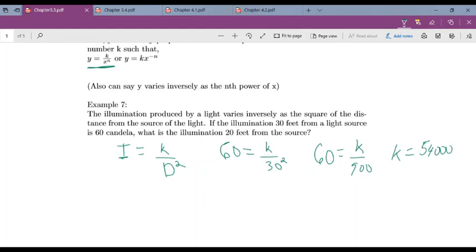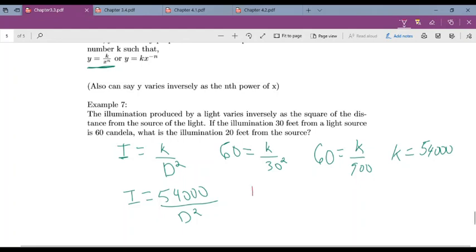Okay, so what I'm looking at here is I equals 54,000 over d squared. I changed colors here so that I can figure out what is the illumination 20 feet from the source.